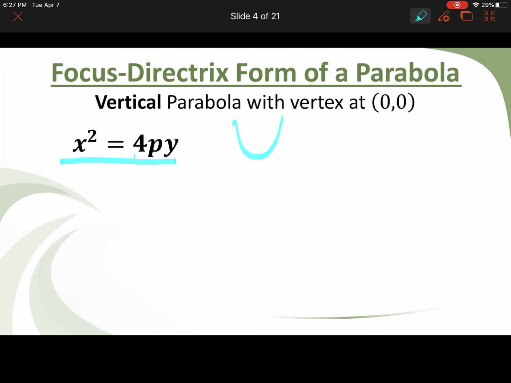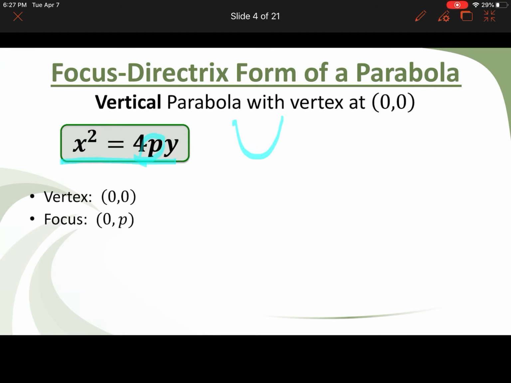Okay, so this p is the p on our graph. It is the distance from the vertex to the focus. In this case, the vertex is 0, 0, and that would mean that the focus is (0, p).